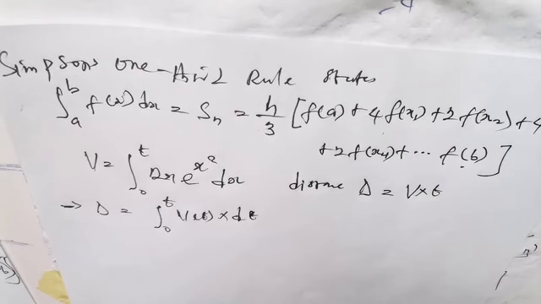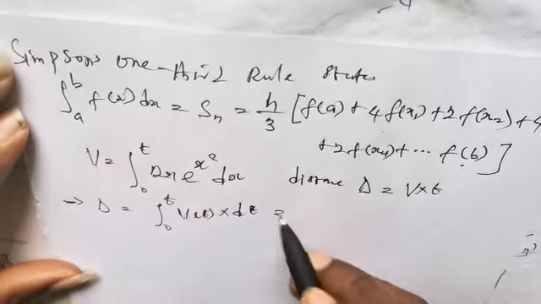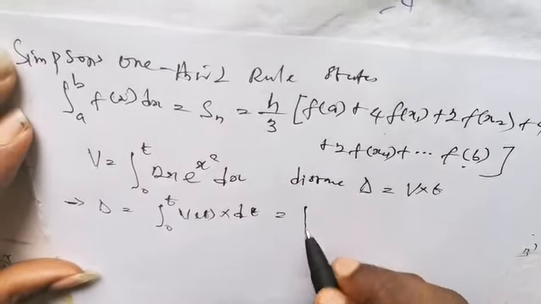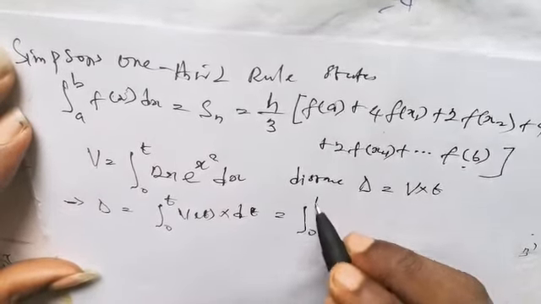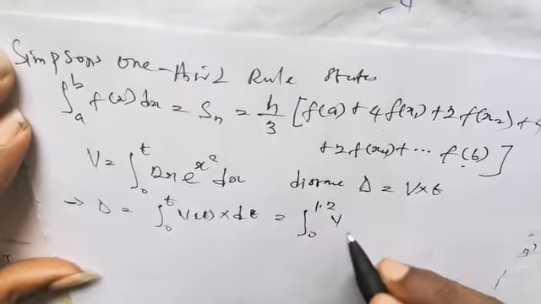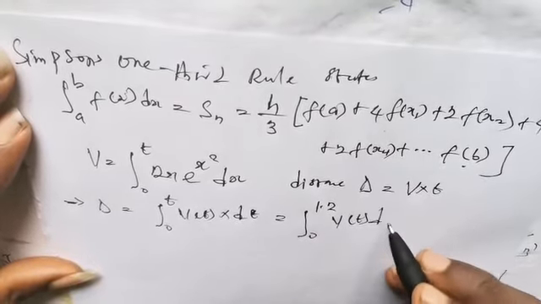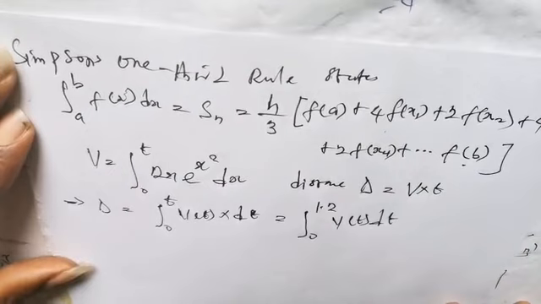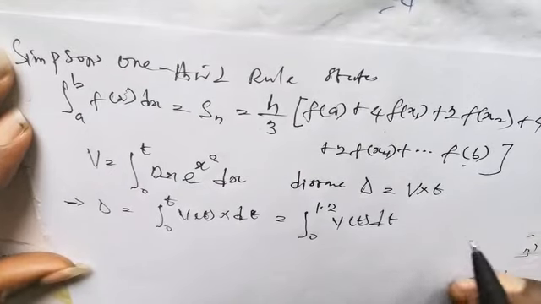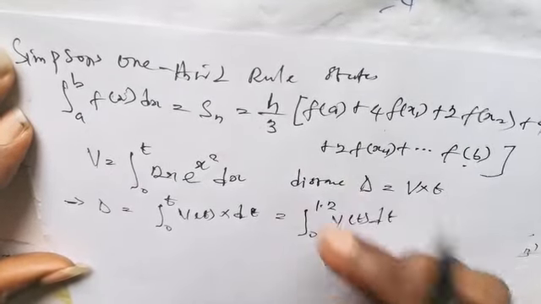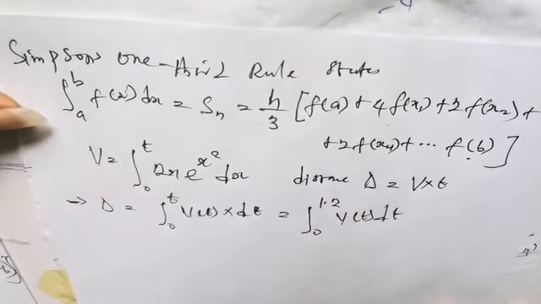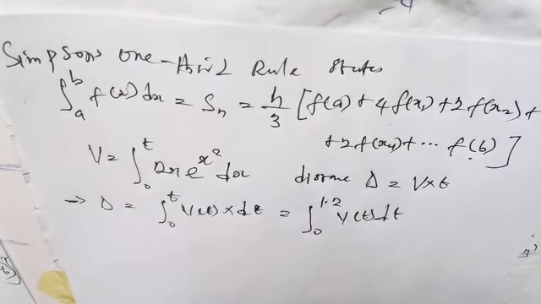Now, in this question, we've been asked to find the integral from 0 to the maximum time, 1.2 minutes, of the velocity times dt. This gives us the distance. Now we need to find the intervals. Like I told you, the number of intervals you choose by yourself.